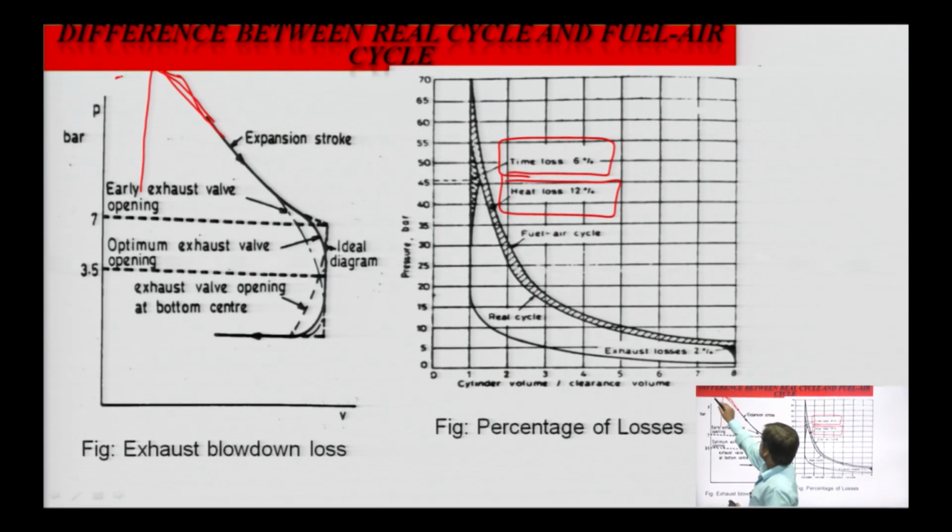I have discussed that expansion occurs at very high pressure, and here is the top dead center, this is the extreme end, and this is the bottom dead center. So, here at the bottom dead center, if we open the valve at bottom dead center, the diagram will be like this.